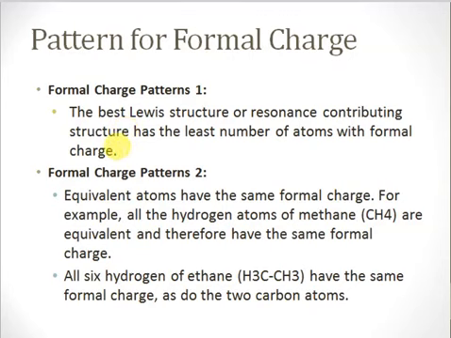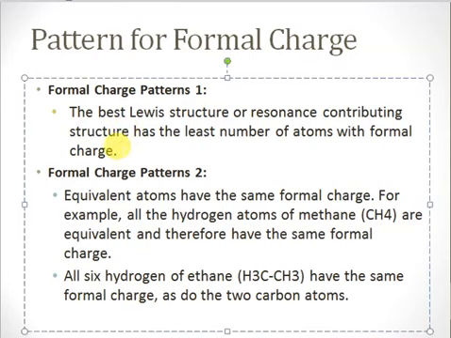If you remember the rules of resonance, the resonance structure which has the least charge will be most stable. The same applies here: when you have written the best Lewis structure and the resonance with the most contribution, that structure will have the least number of formal charges.